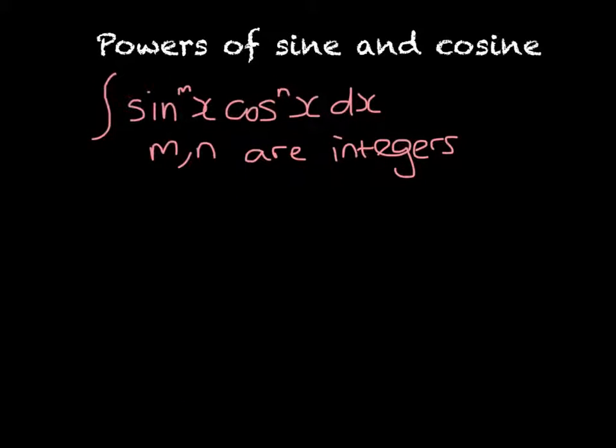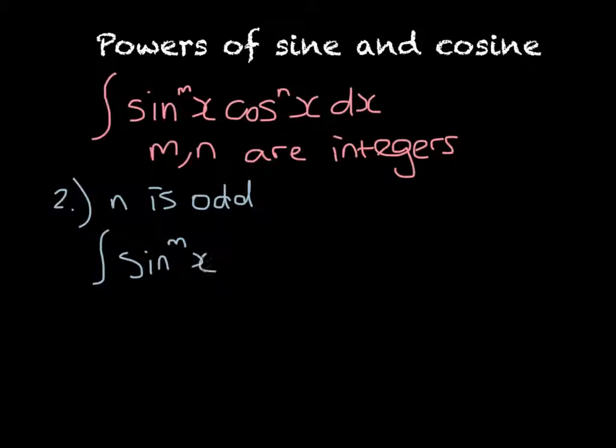Case 2 is really similar. It's that n is odd, and so you can strip out one of the cosines, leaving you sine to the mx, cosine to the power of n minus 1 x, cosine x dx.